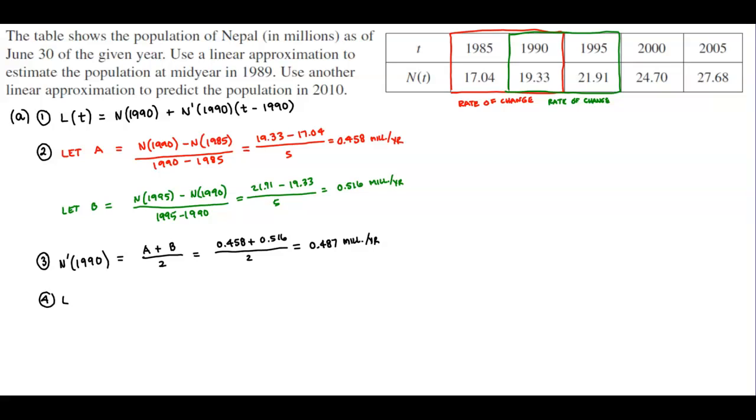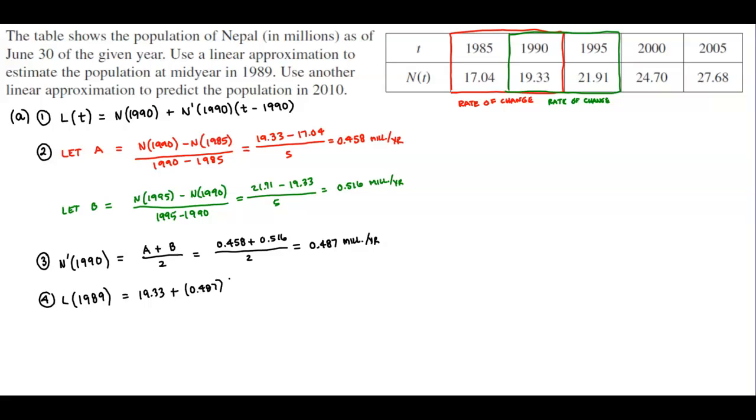So we're going to find L of 1989, and then we're going to plug it into our formula in step 1. We know that n of 1990, the output is going to be 19.33. And that's going to be plus, we know that n prime of 1990 we found to be 0.487.